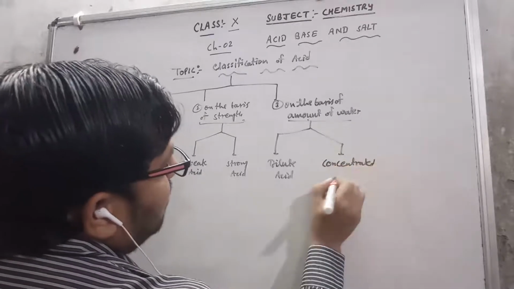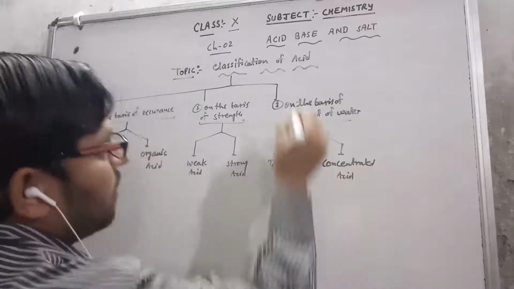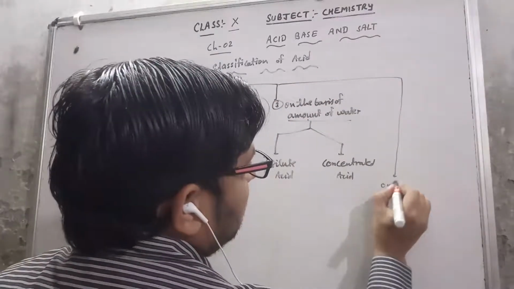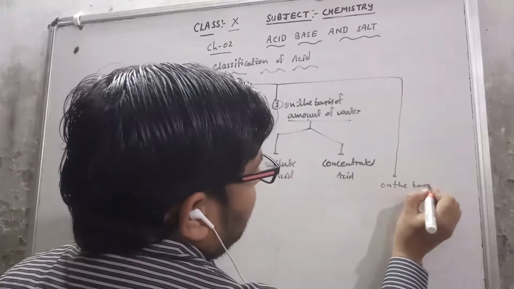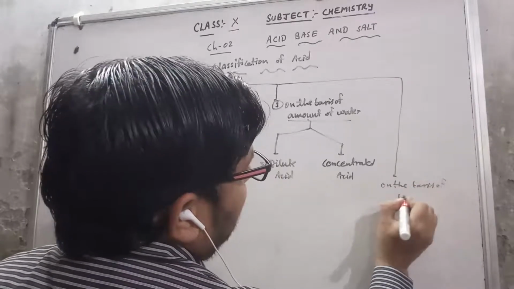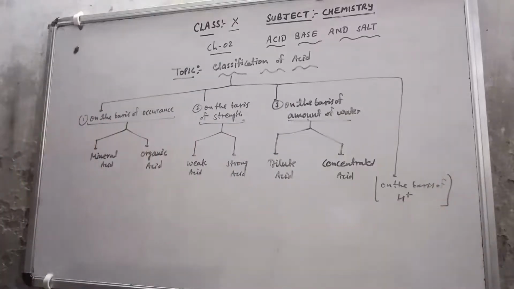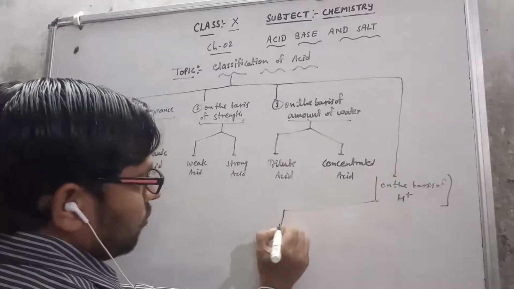Now the fourth point is on the basis of hydrogen ion. According to this, there are three types.